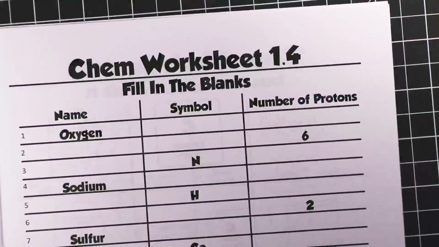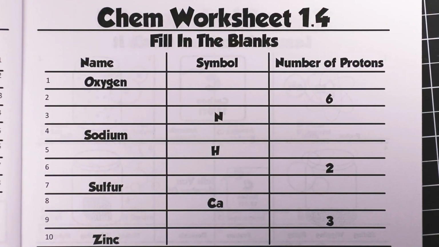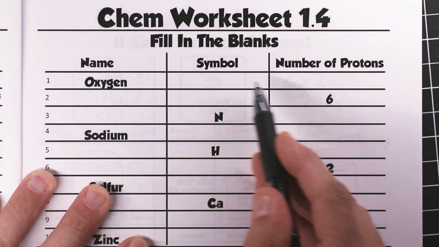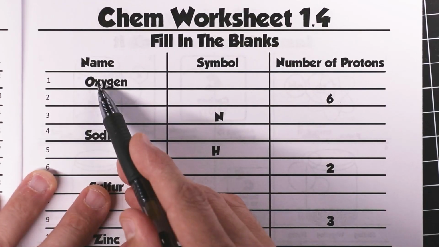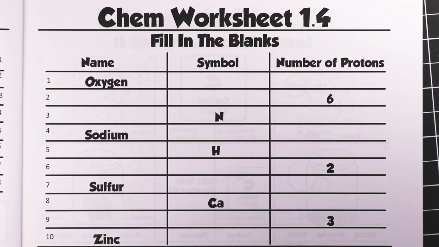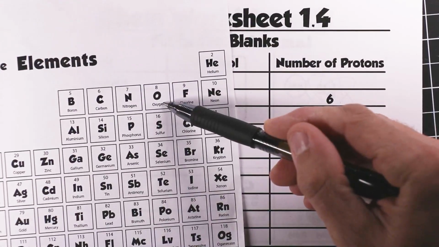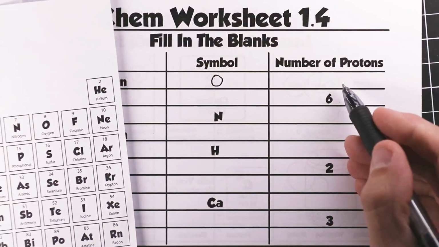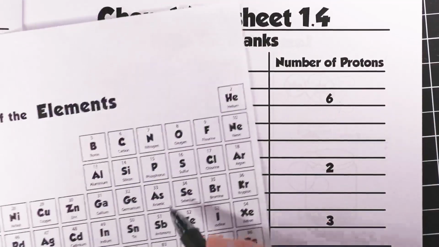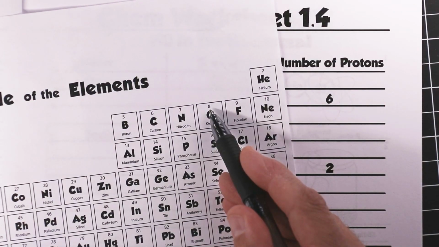Okay, go up to 1.4. Now this gets even more complicated, so I'm going to give you one of those 3 details, okay? I gave you the name, oxygen. So now you have to find the symbol. Here's oxygen. O is the symbol. And number of protons. On oxygen, it has an 8 above it.